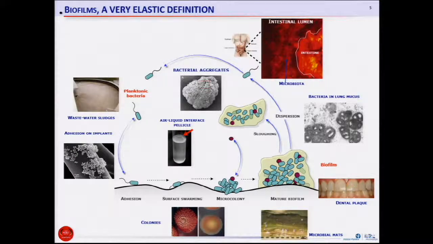Microbial mats that can sometimes be very thick, like several centimeters, even meters in some cases. The dental plaque is a biofilm, for example. And then you will also find biofilms in the body, like in the lung, in the intestinal lumen, and also in the environment, as bacterial aggregates. Wastewater sludge is also considered a biofilm. Okay. We will come back to that, but when biofilms form on implants, for example, this will be a major concern and problem.